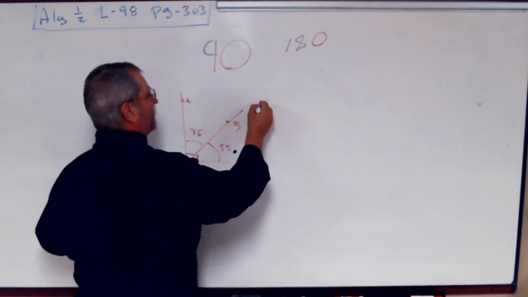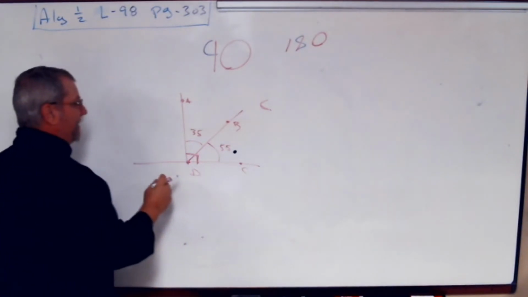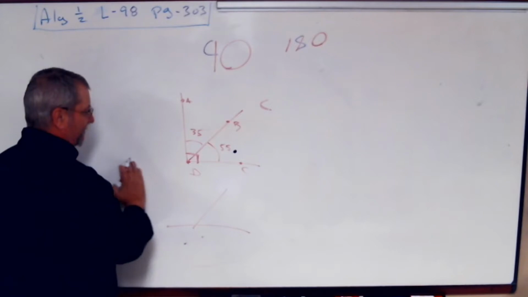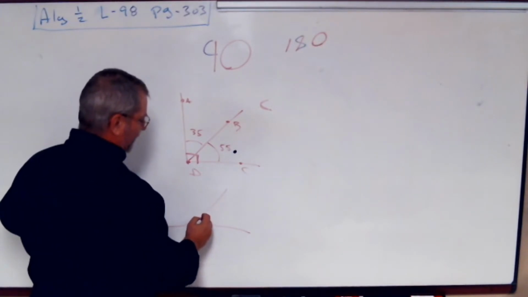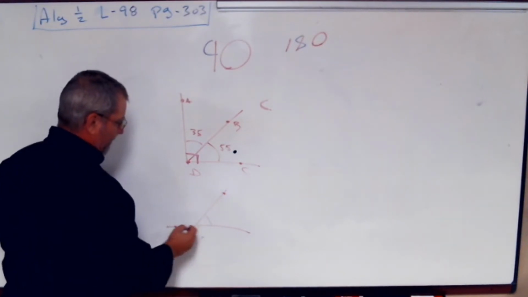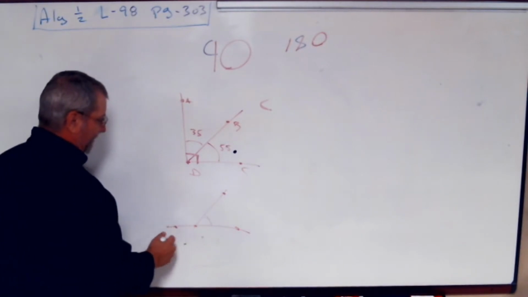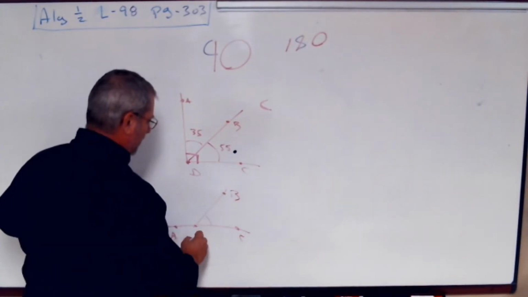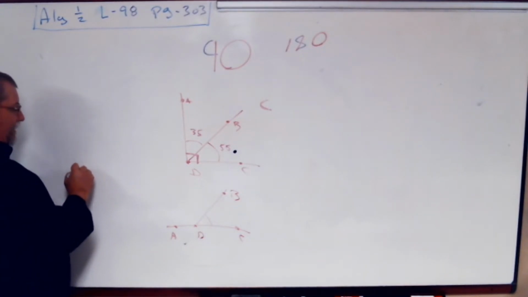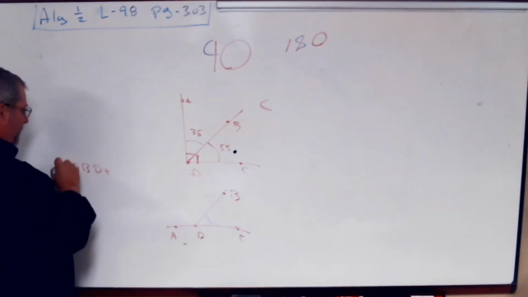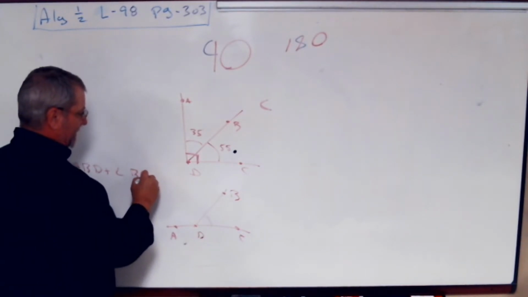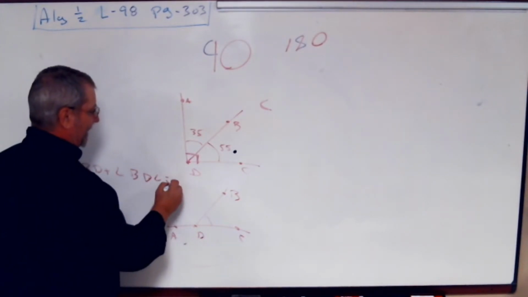That's complementary. All right? If I have two angles that look like this, let's put some letters on here. A, B, C, D. If I have angle ABD plus angle BDC, I get 180.